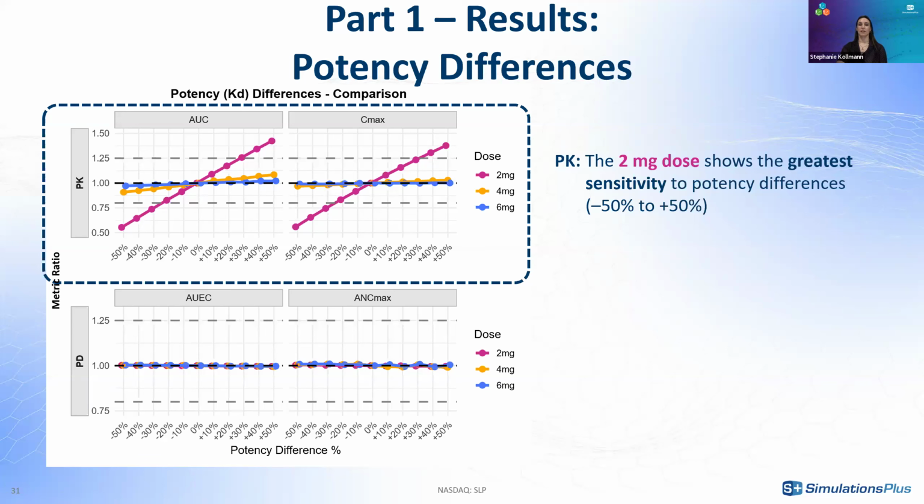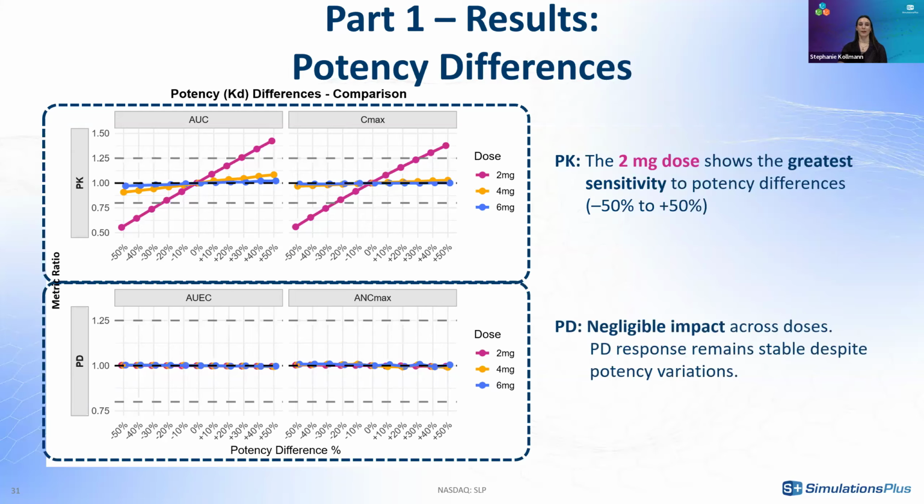At low doses, the receptor-mediated binding dominates drug elimination. The PD remains unaffected across all dose groups, reinforcing that the ANC feedback mechanism sort of dampens pharmacodynamic variability, even when PK changes are evident.